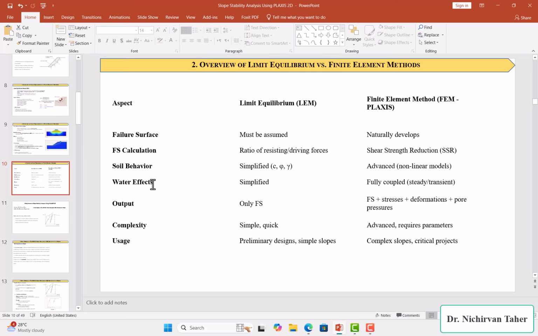For the effect of water, it is very simple in the limit equilibrium method, but in PLAXIS we can use a fully coupled flow, steady or transient. As an output, we only get the factor of safety from the limit equilibrium method, but in the finite element method we get the factor of safety, stress distribution, deformation pattern, and also pore water pressure.